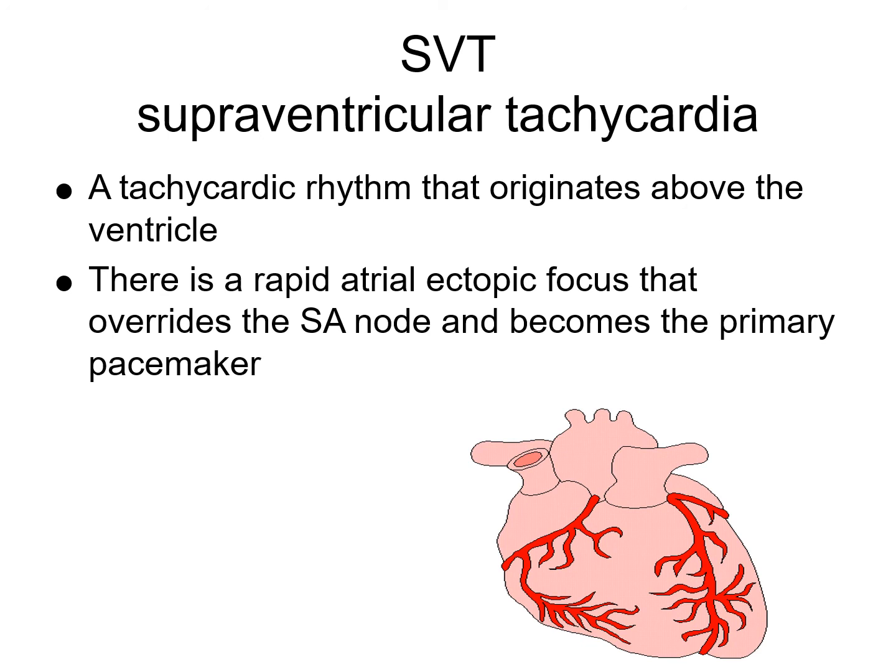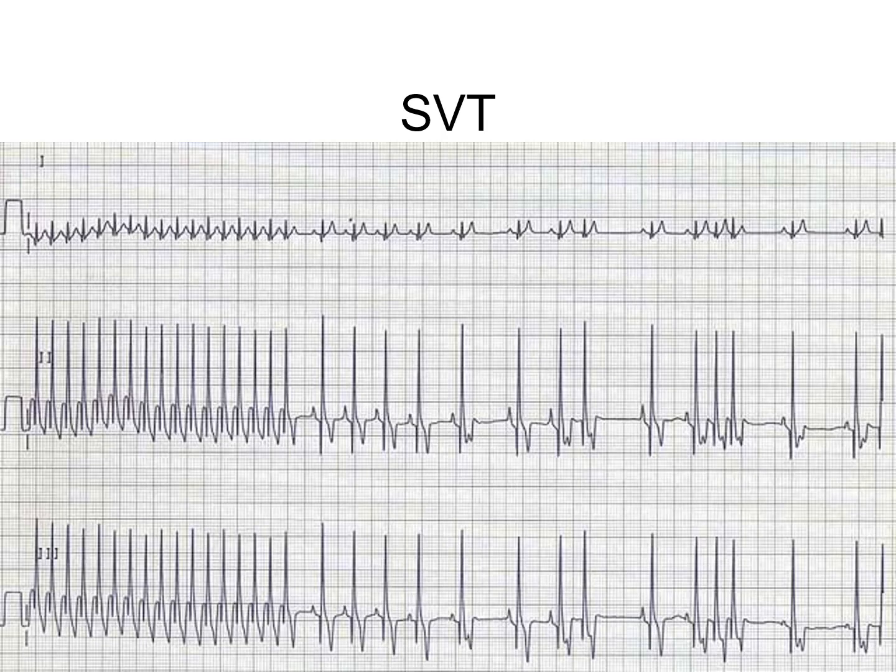The onset of PSVT or PAT, paroxysmal atrial tachycardia, is typically abrupt, initiated by a premature atrial beat. The arrhythmia may self-terminate in a few minutes to within a few hours. So again, you need to continue to monitor your patient. Here are some different examples of what SVT can look like.